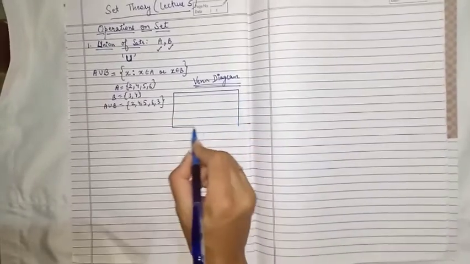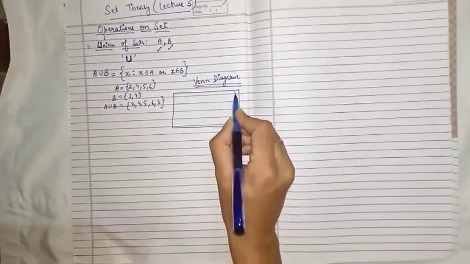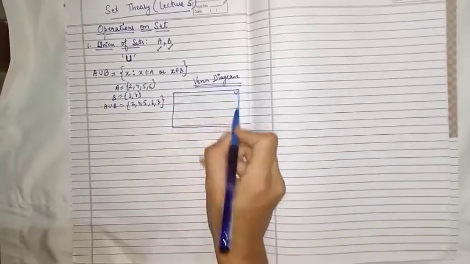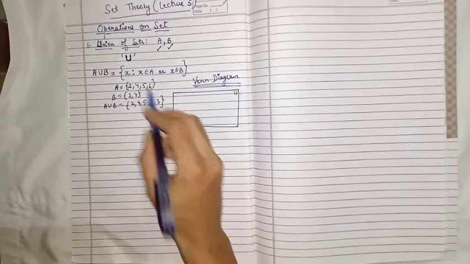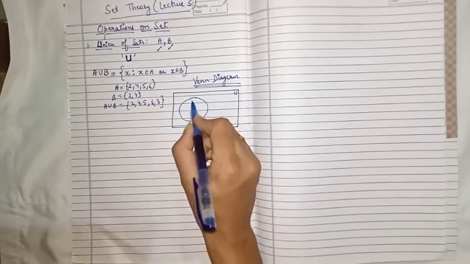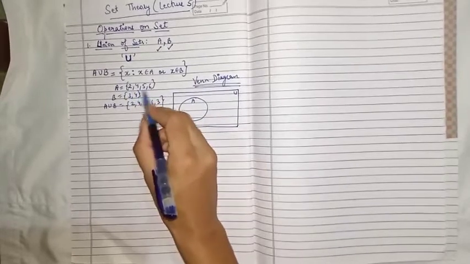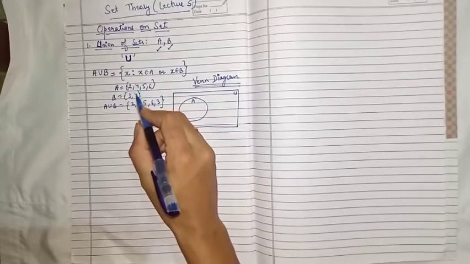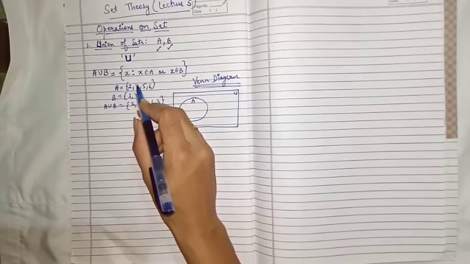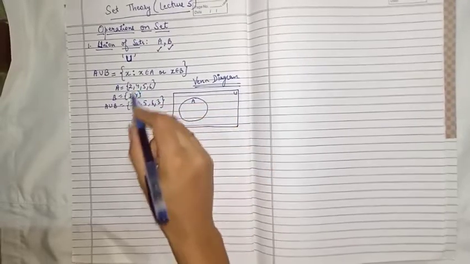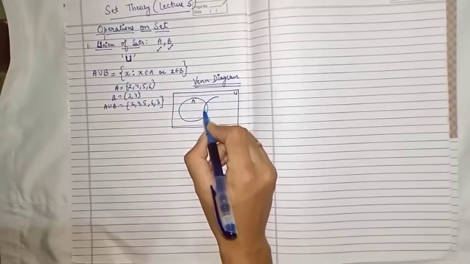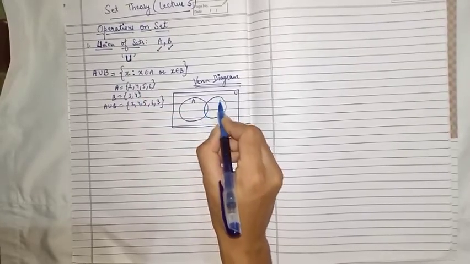This is our universal set, that is U. In the universal set, we will present our sets A and B. Let us consider this is my set A. There is one element, 4, which is present in A as well as in B. So there is some common portion in sets A and B, so I'll intersect some portion from A and B.